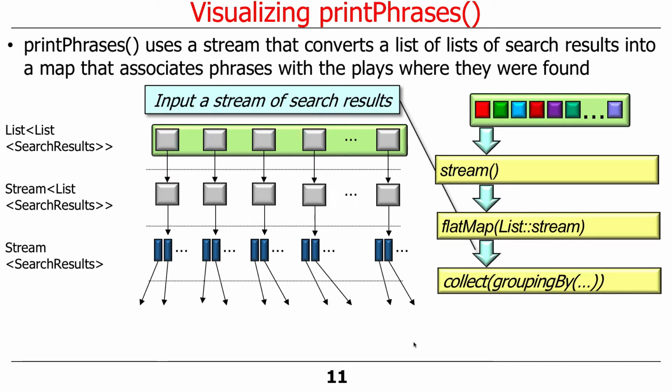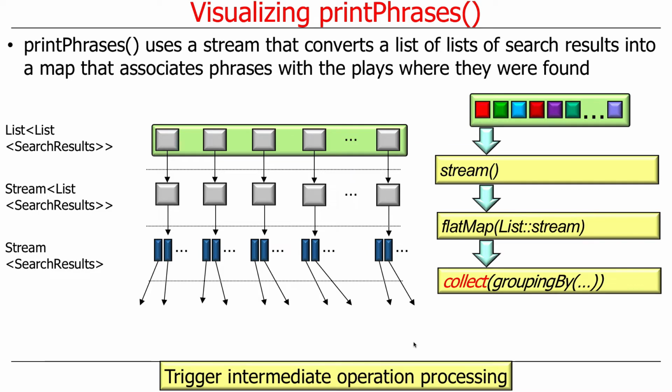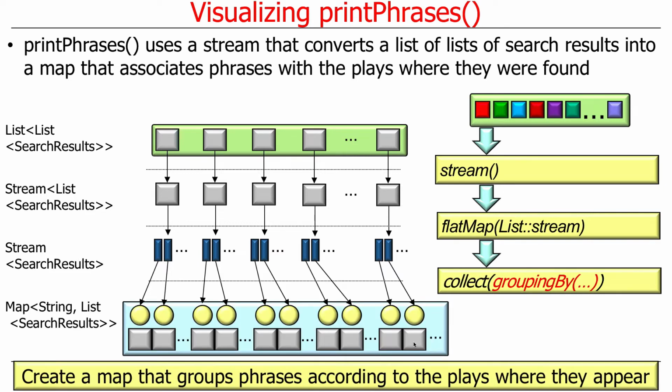And we feed that into collect. And collect, as always, is going to trigger the intermediate operation processing, in particular flatMap. And it's going to apply the collector, which is the groupingBy method. And the groupingBy collector is going to create a map which will group the phrases according to the plays where they appear.